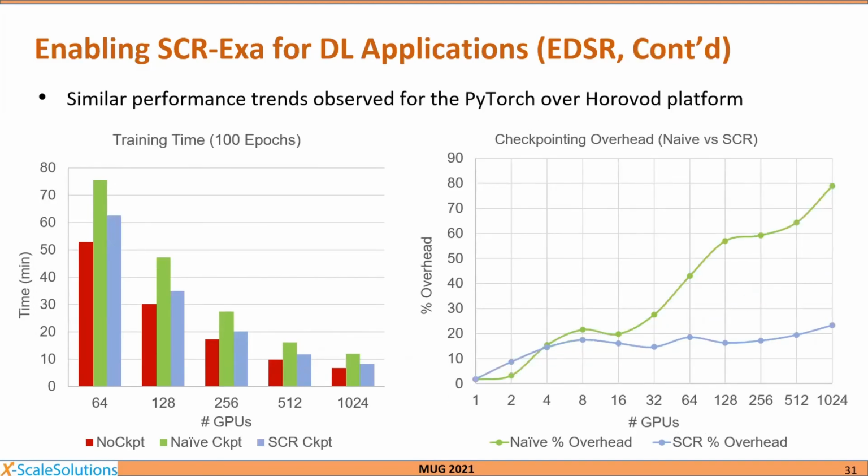Now, this is a similar thing on the PyTorch over Highlevel platform. Remember, we have two different platforms. The overhead here is slightly higher, and one reason for that is that DDP actually gives us a lot more flexibility to do finer control on how we do things.